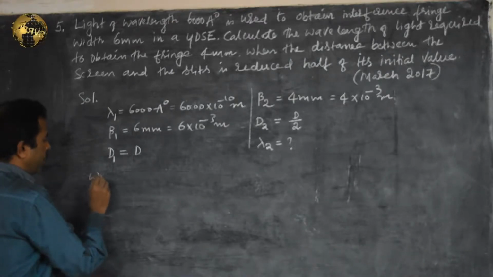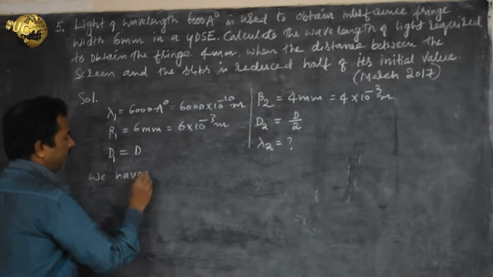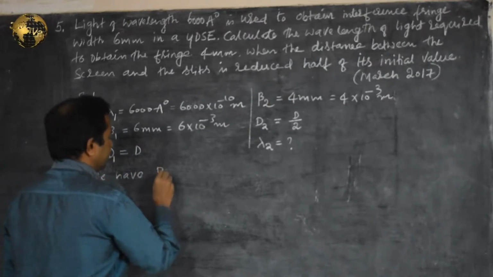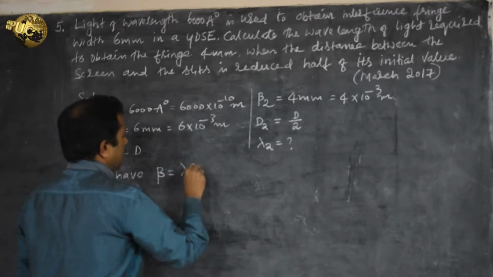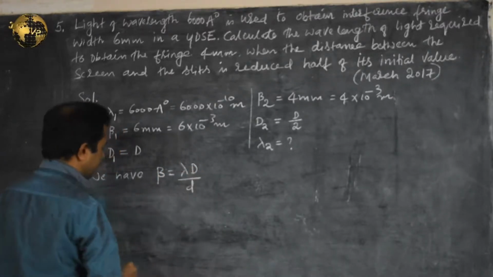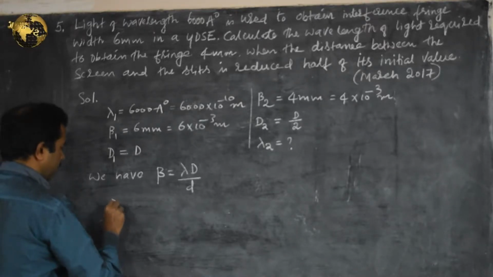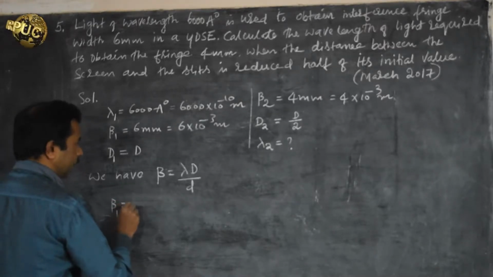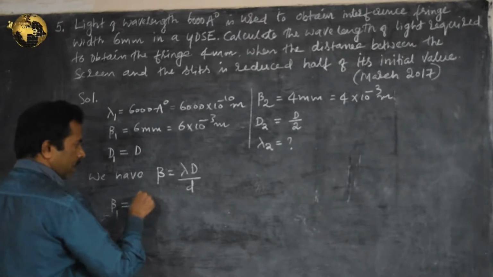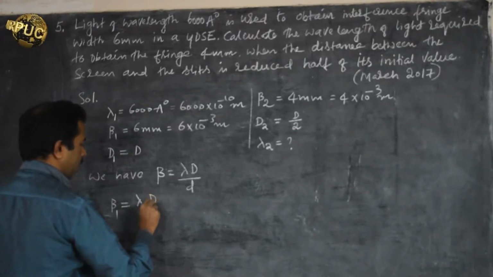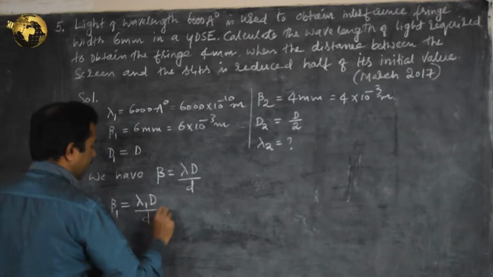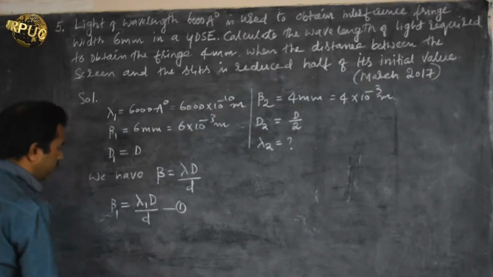So let us start with the formula. We have the formula for fringe width: beta is equal to lambda into D divided by d. In the first case, beta 1 is equal to lambda 1 into D divided by d. This is equation 1.